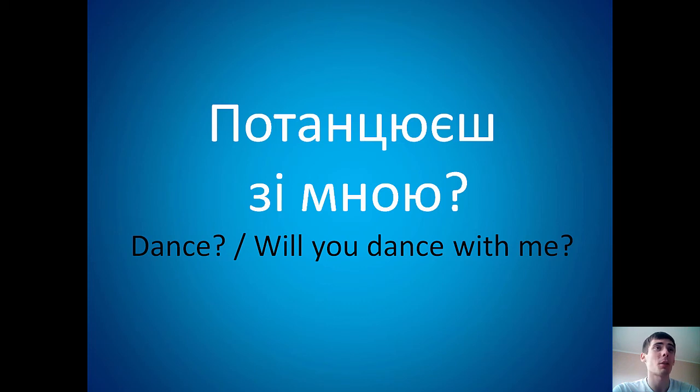Because when you want to ask the same more formally, you are going to ask потанцюєте. But here we have потанцюєш. So it means that it is familiar, informal. Потанцюєш зі мною? Right now. Okay. Repeat one more time. Потанцюєш зі мною?